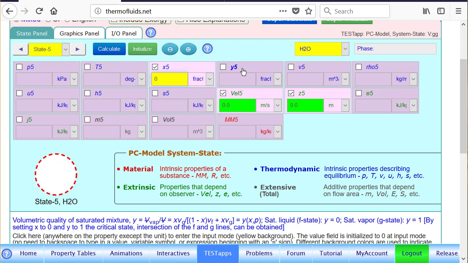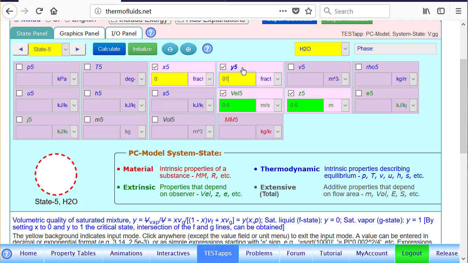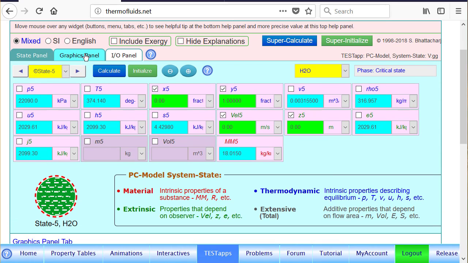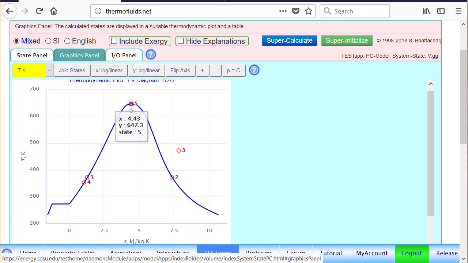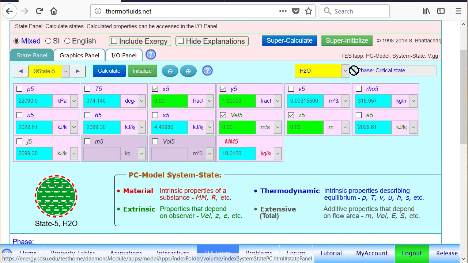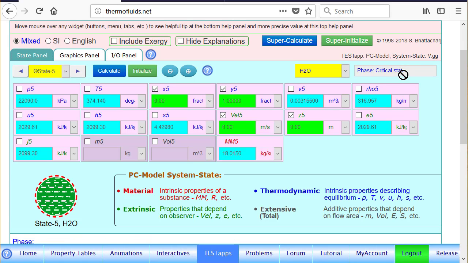It means the volume of vapor divided by the total volume. So if I set y to be 1, that means I'm saying it's saturated vapor, and when I say x equals 0, I'm saying it's saturated liquid. So these two lines intersect, obviously, at the critical point, and we should be able to get state 5 as our critical state, as you can see. And the phase is shown here as critical state.